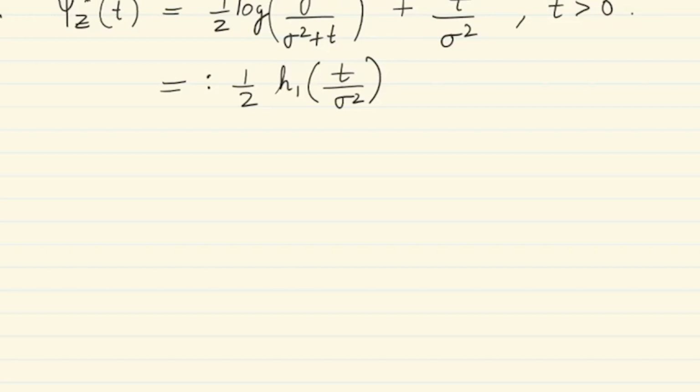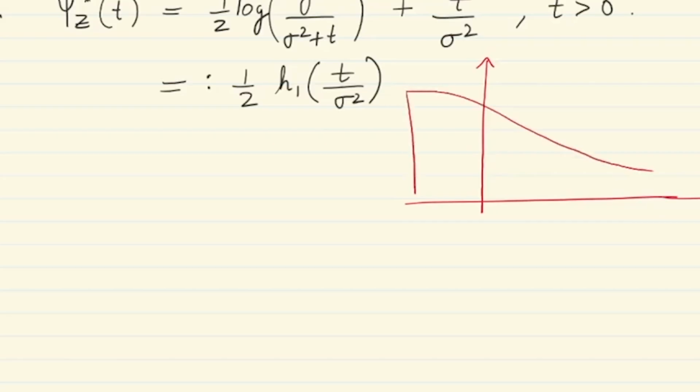So it's worth pausing to examine what we have done in a more pictorial sense. So recall that Z was essentially the centered version of Y, and its PDF will look something like this: f Z of z, with mean 0.